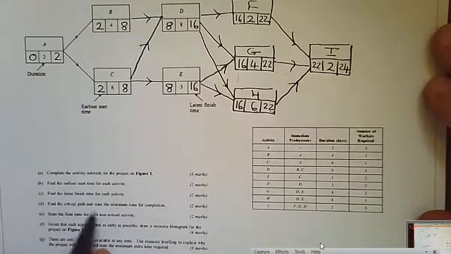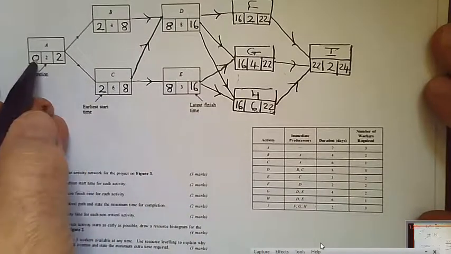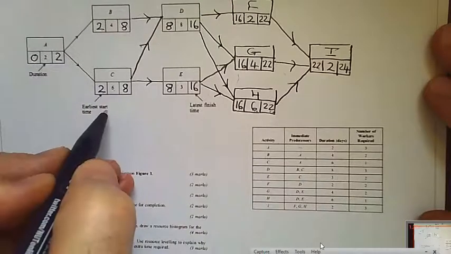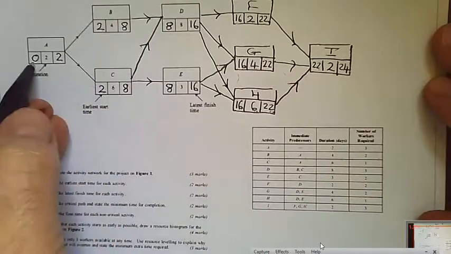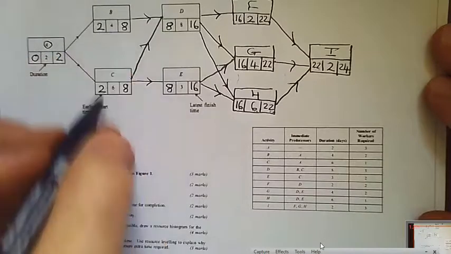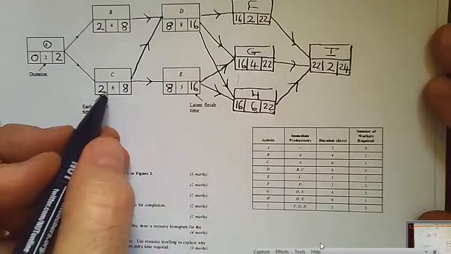Next bit says find the critical path. Well, the critical path is the path with all the critical activities. Critical activities being activities where the difference between the earliest start time and the latest finish time is the same as the time the activity takes, the duration. So A is clearly critical. B isn't, because we've got 6 there and 4 there.